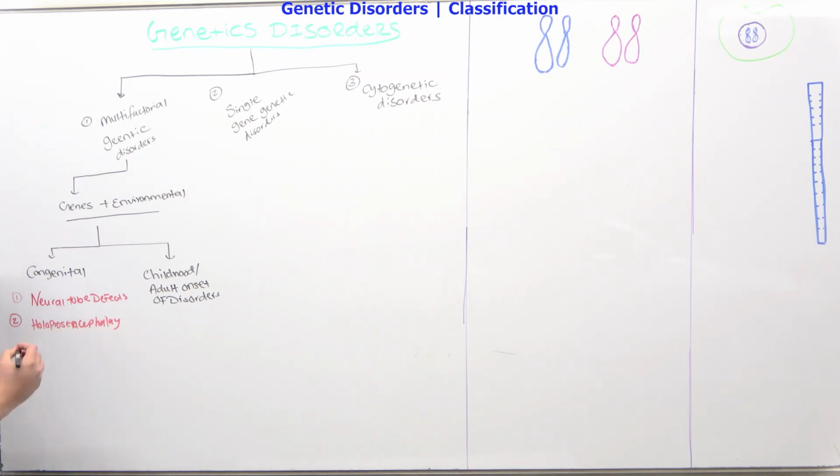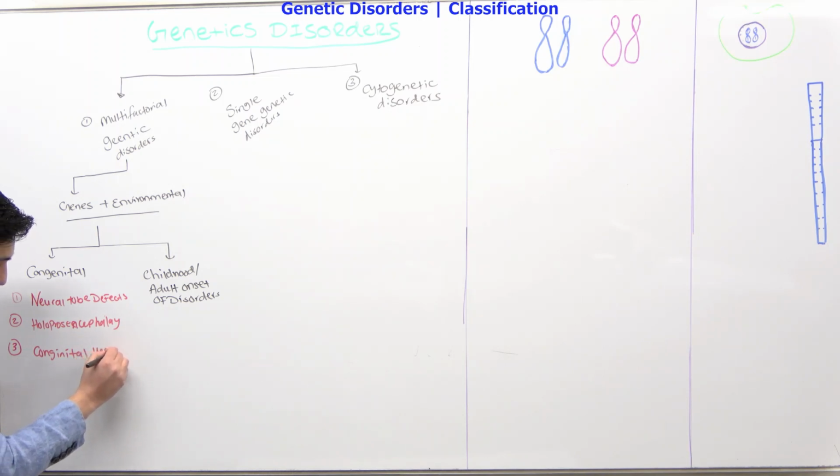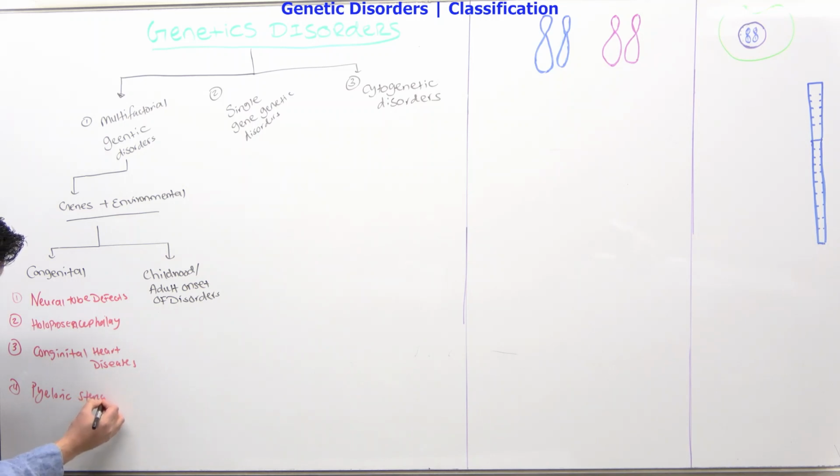Third, maybe congenital heart diseases. That could be one. Or maybe pyloric stenosis. These are different types of disorders that come under this category.